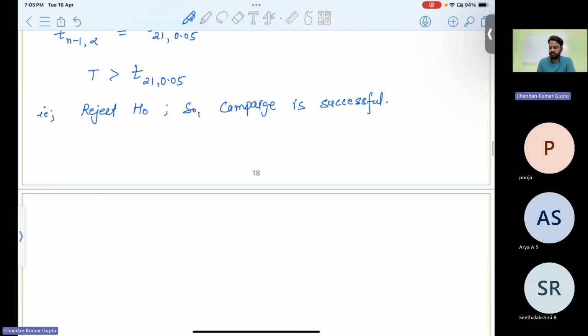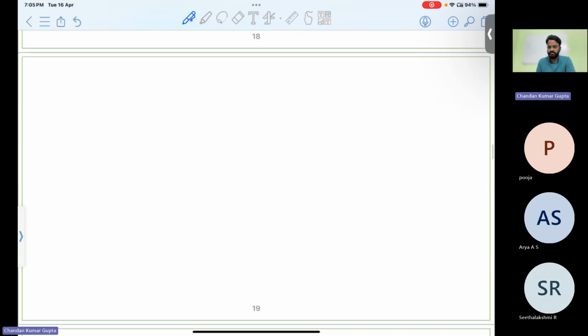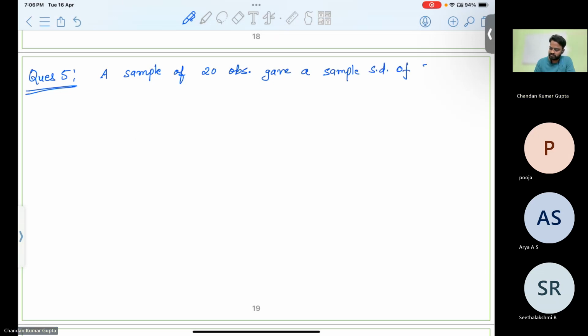So this is how we are solving the hypothesis testing problem. The next question is: a sample of 20 observations gave a sample standard deviation of 3.72.